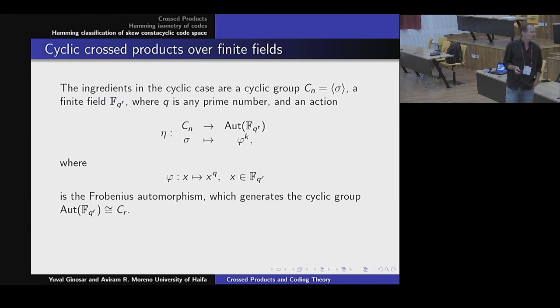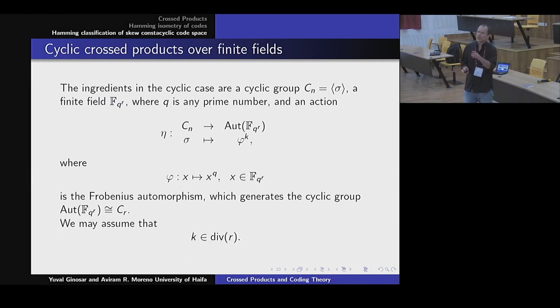So sigma goes to some phi to the k, and up to isometry we can assume that k is a divisor of r. The action can be classified by the divisors of r. The trivial action is when you take k to be r itself.